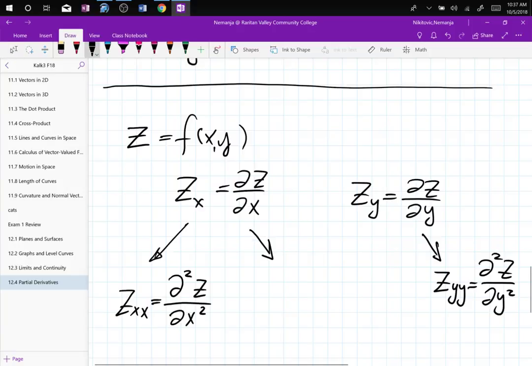I can start here and get this guy, and that's called a mixed partial derivative. So it's still a second derivative, but it's the second derivative where first is in x and second one is in y. On the other side, I find this guy. And then we have a theorem that they're the same.